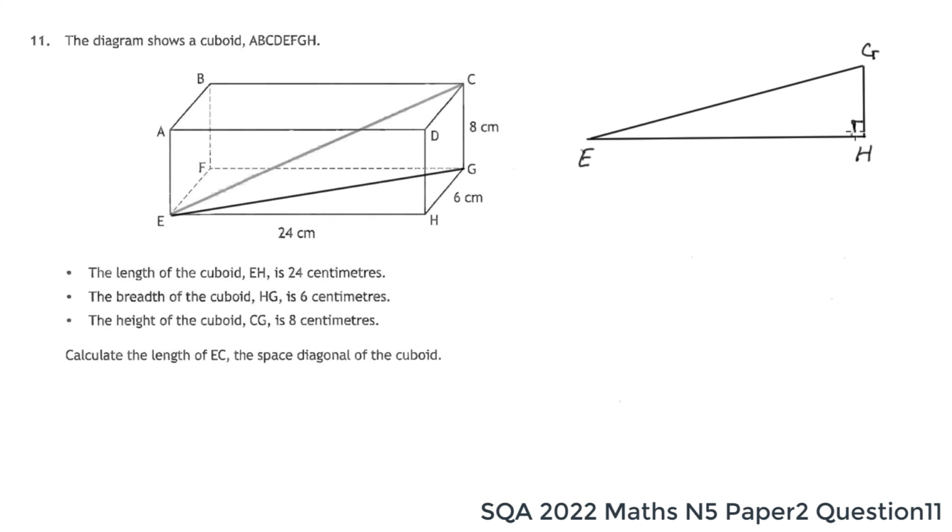And we can use Pythagoras in this triangle because we're told a couple of lengths. That's the smaller sides, 24 and 6. So EG squared will be 24 squared plus 6 squared.